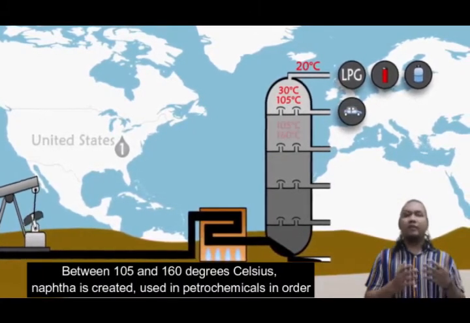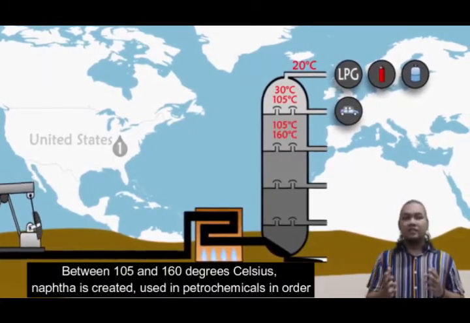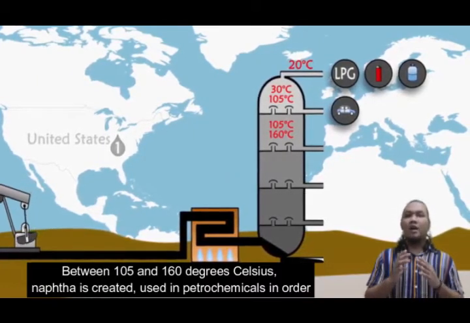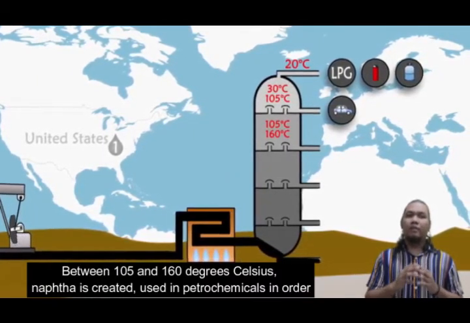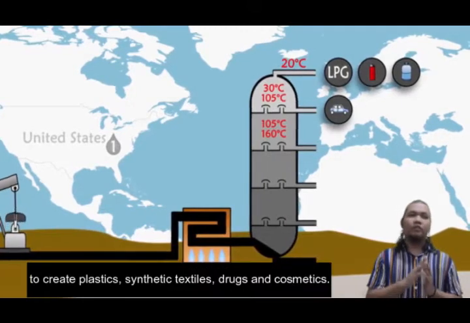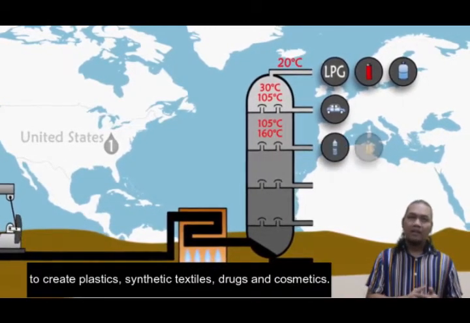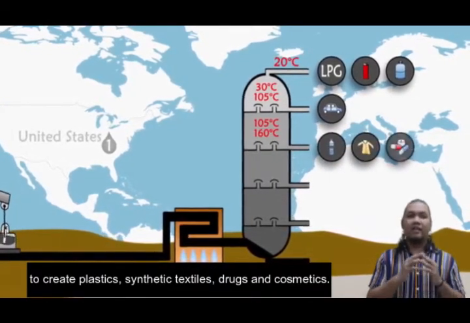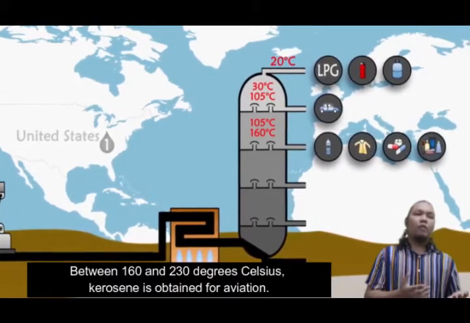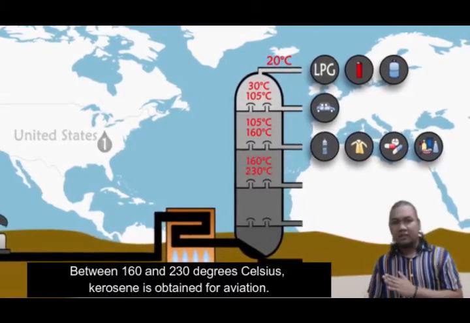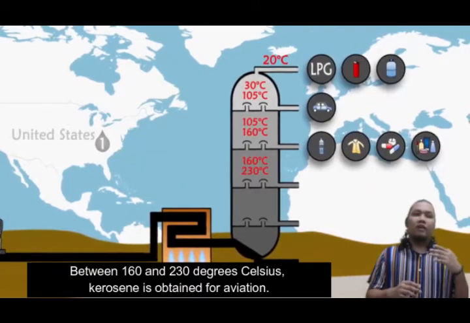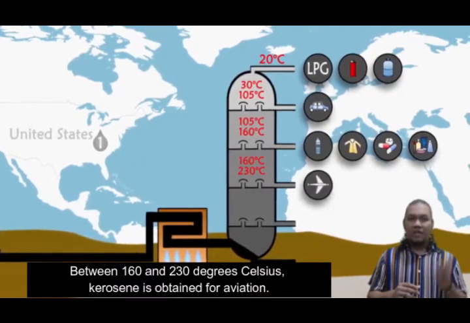Between 105 and 160 degrees Celsius, naphtha is created, used in petrochemicals in order to create plastics, synthetic textiles, drugs, and cosmetics. Between 160 and 230 degrees Celsius, kerosene is obtained for aviation.